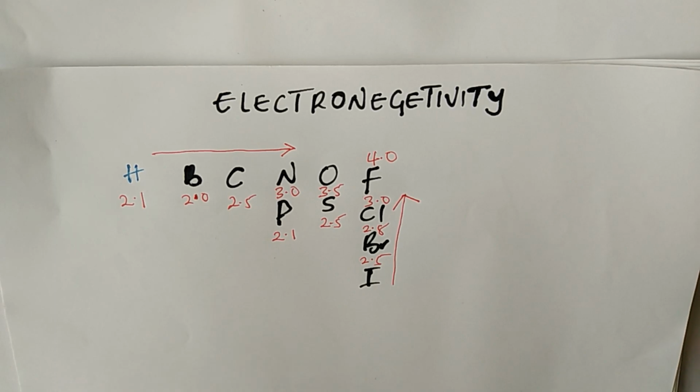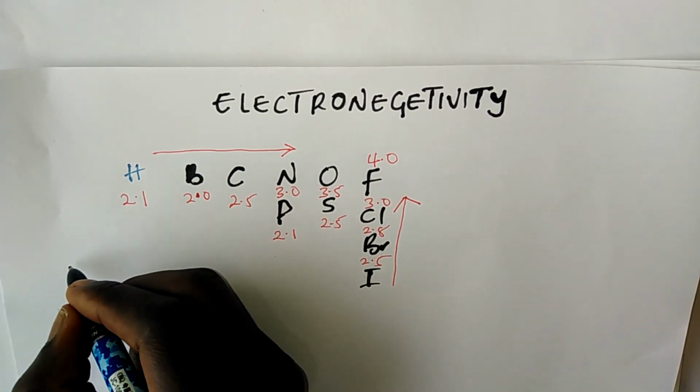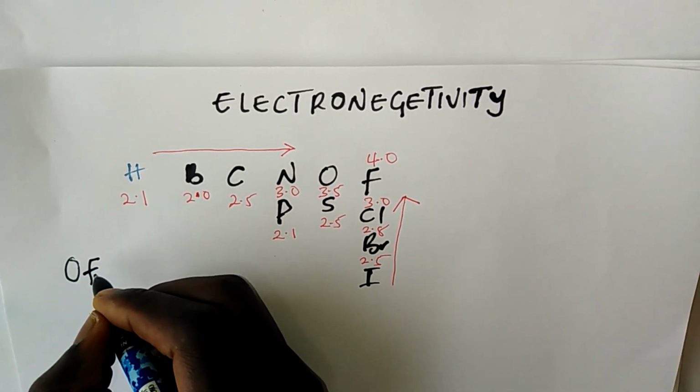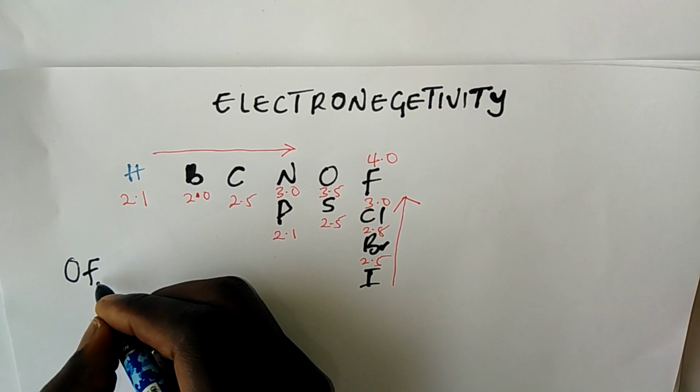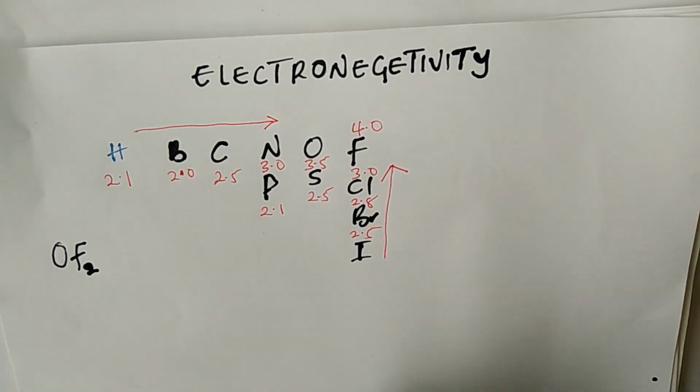Take for instance, we have oxygen difluoride, right? And you are to calculate the oxidation number of this particular compound.